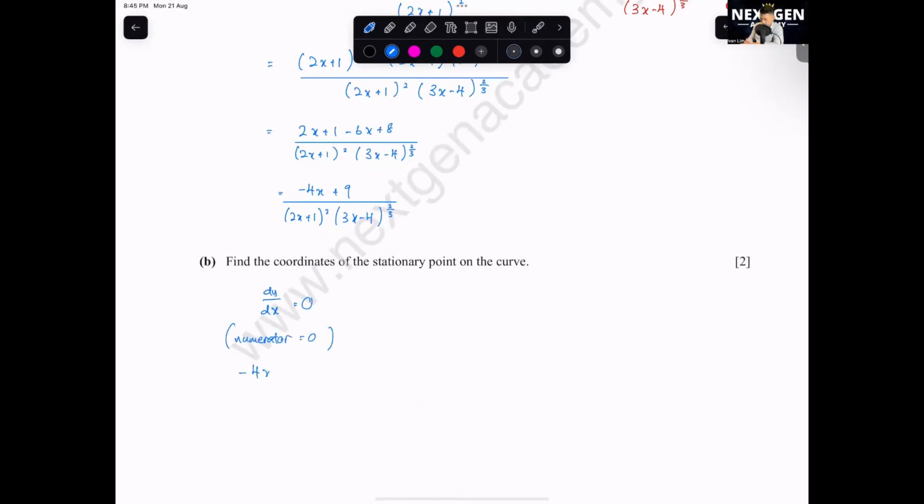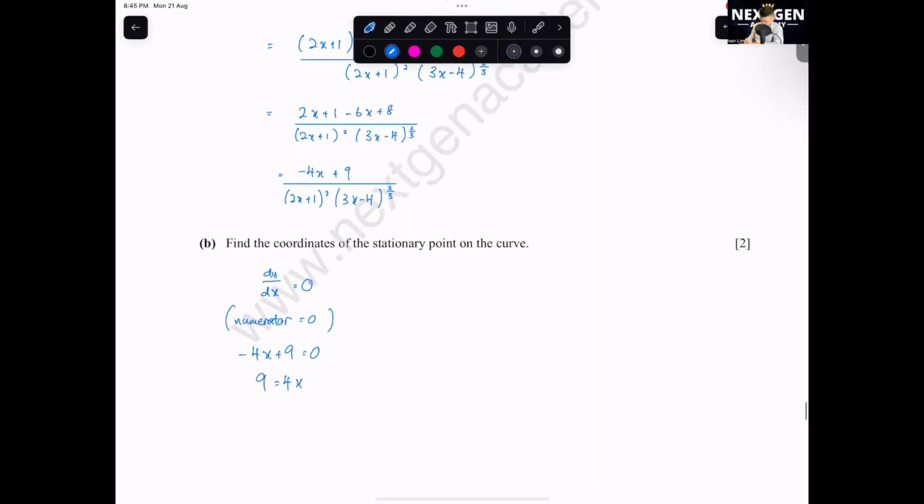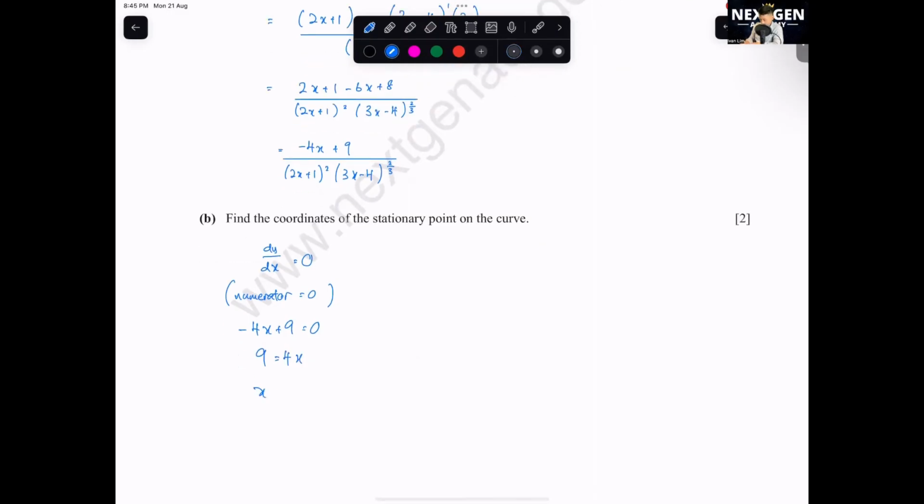So you just take negative 4x plus 9 equals 0. 9 equals 4x. x equals 2.25. You can put it in decimal or fraction. Then after that, you substitute the x into y.